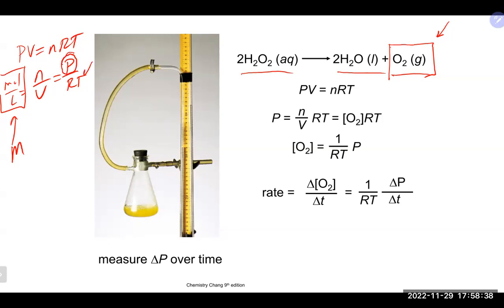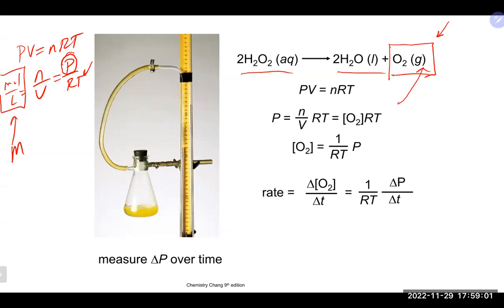So in a simple experiment, you really can just follow the change in pressure. The temperature probably would be held pretty constant in that experiment. And just by following the change in pressure over time, you could do some calculations and relate it to how the concentration of the gas is changing over time. In this example, the only gas present is oxygen, and the only way to get pressure would be if oxygen had to be made, right?